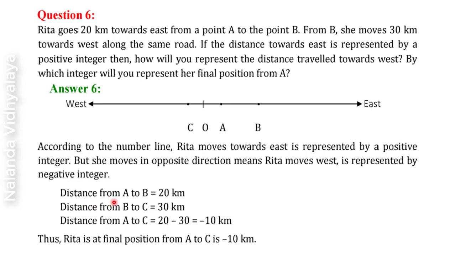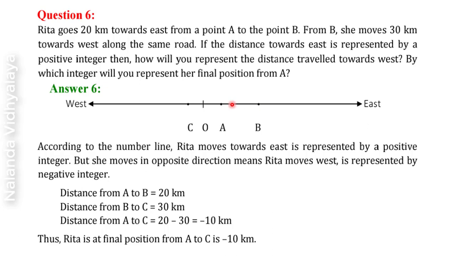So the distance from A to B, the total, is 20 km. Now the distance from B to C is 30 km. Rita goes from B to C, so that total distance is 30 km. Now we have to find the distance between C and A. So from the total distance B to C, we have to subtract how much distance.